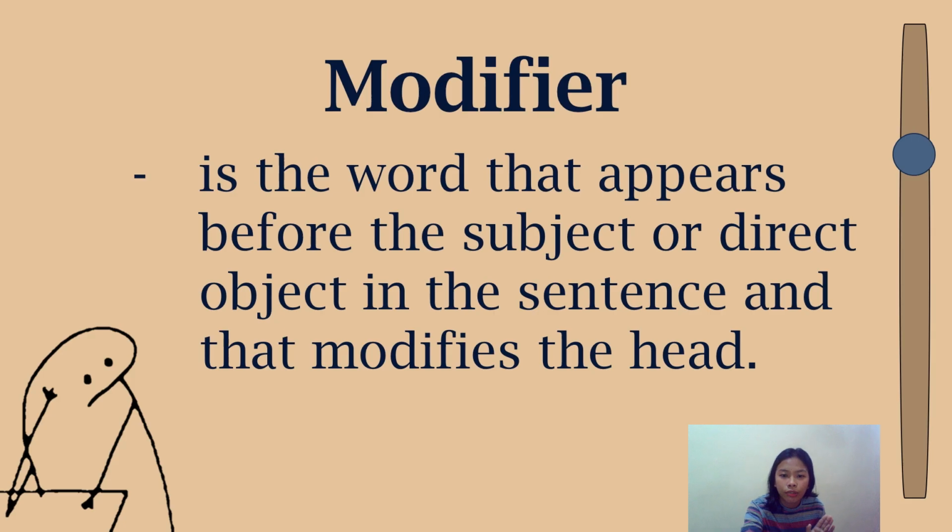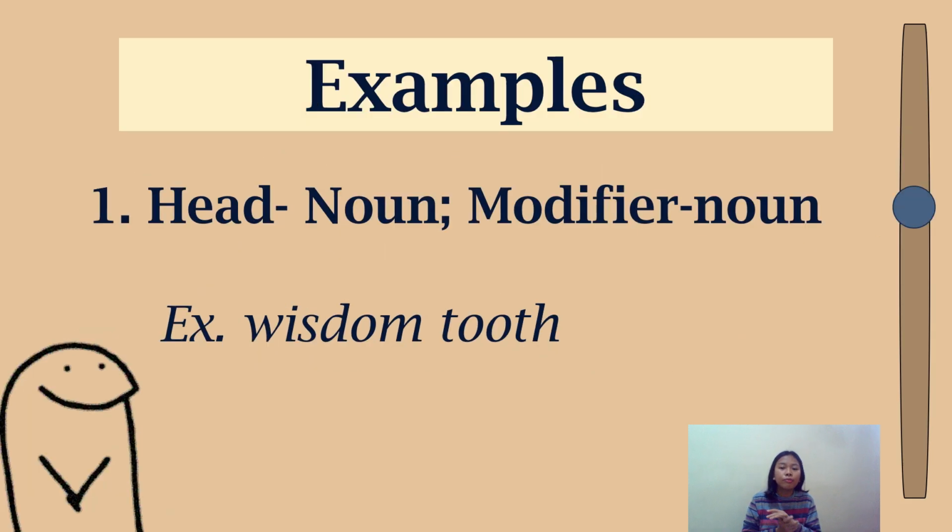First one, here the head is a noun and the modifier is also a noun. As you can see here, the example we have is wisdom tooth. The word wisdom here is a noun, but it modifies another noun, which is the word tooth.